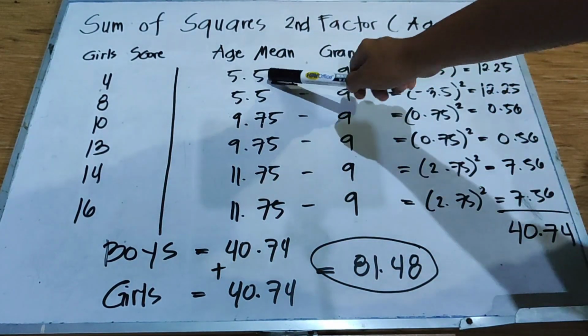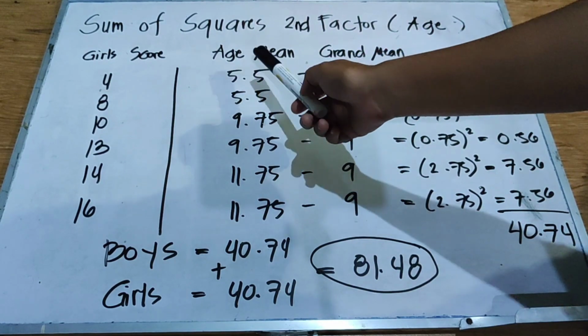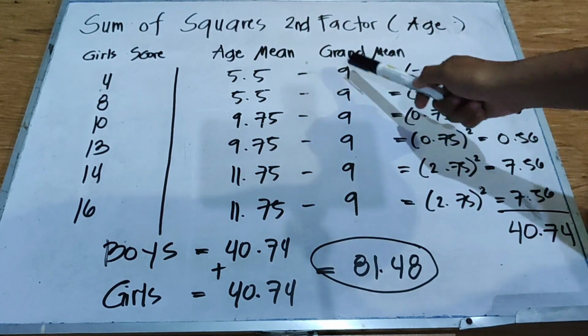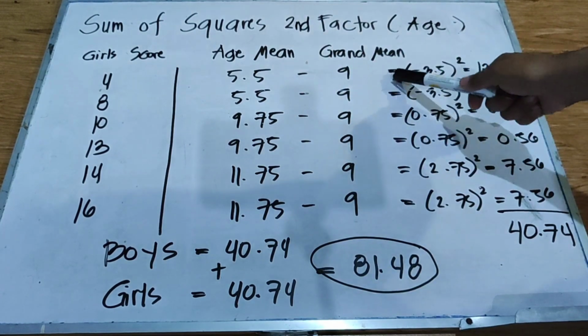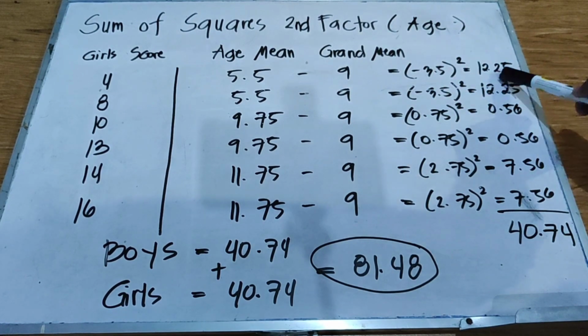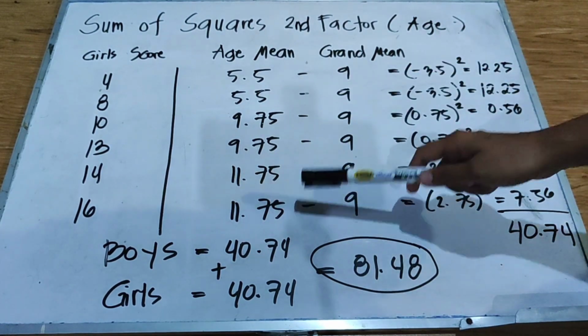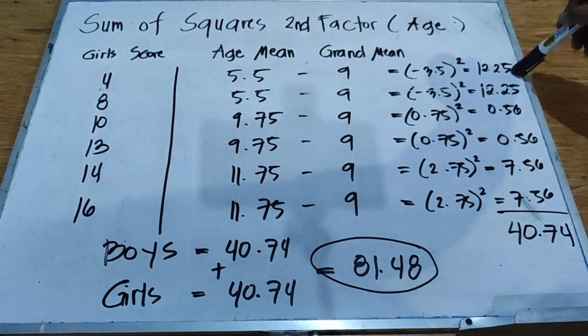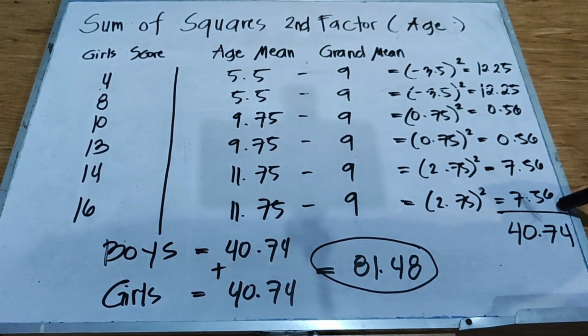So, we subtract the age mean 5.5 minus 9, the grand mean. So, the gap equals to negative 3.5 squared, same again, 12.25. Since the age means and the grand mean are the same, the output is the same again. So, we add 12.25 to 7.56 and we get the data for the girls, which is 40.74.